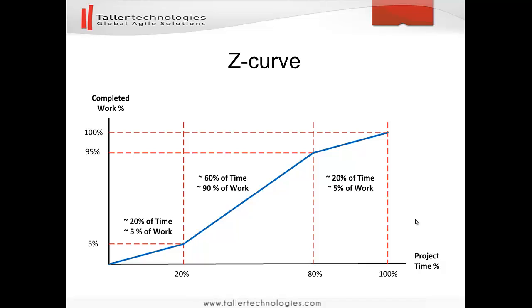The first and the third Z-curve legs are project specific and are affected by special cause variation. Examples of special cause variation specific to projects are, for instance, new business domain, which needs to be understood, new technology to be mastered, or new clients' procedures to be used and culture to be accepted.